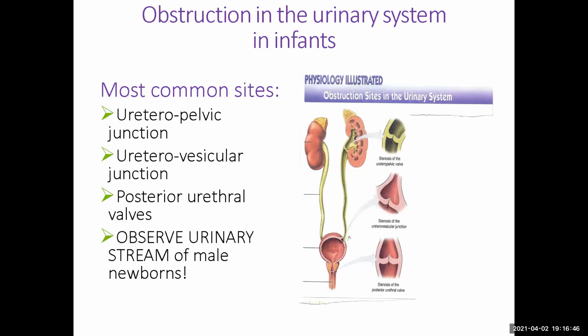Now, going into obstruction in the urinary system. Most common sites are the ureteropelvic junction, the ureterovesicular junction, posterior urethral valves, and also we talked about the chordae, the epispadias, the hypospadias.